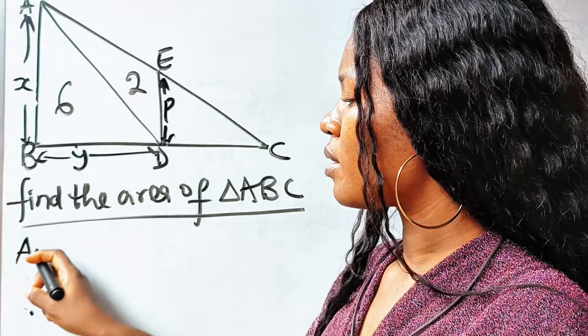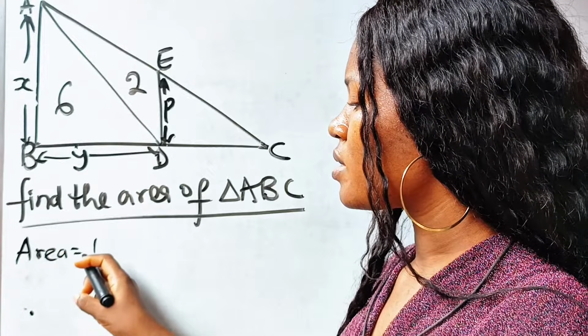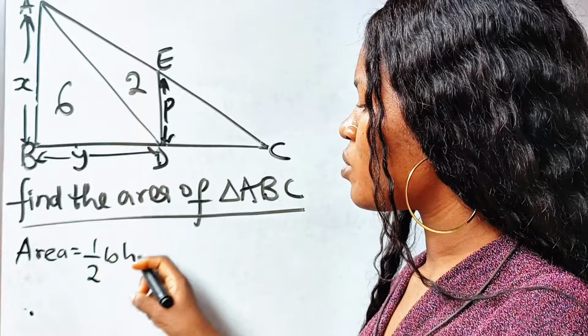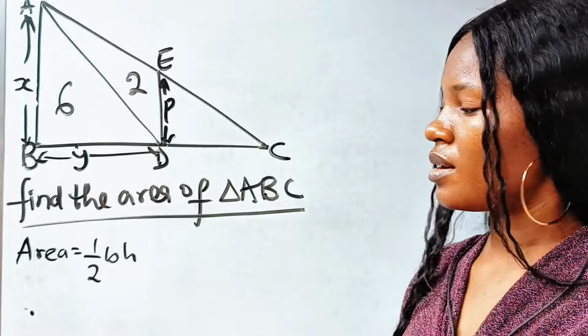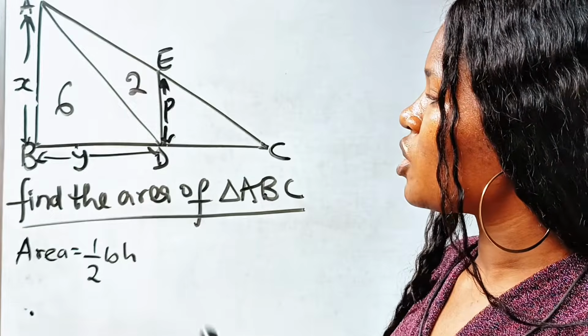Now the area of a triangle is half of the base multiplied by the height.